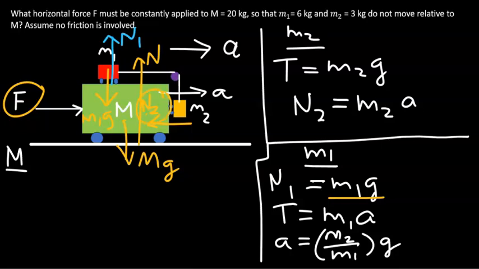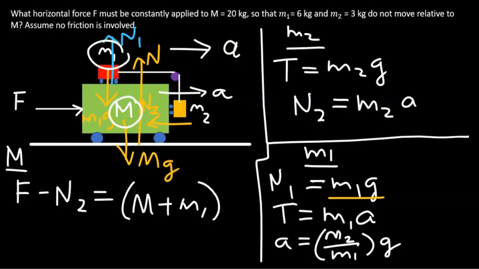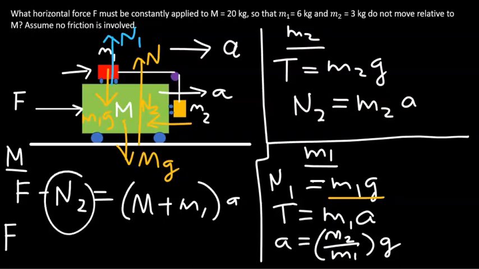So the net force acting on capital M is F minus N2 in a rightward direction, and that equals the total mass that one can attribute to this trolley, not just capital M, but on top of that, little m1 also contributes, times A. Note that the little m1 is on top of capital M, so the effective mass is M plus m1. Now we can calculate the expression for capital F. N2 can be obtained from here.